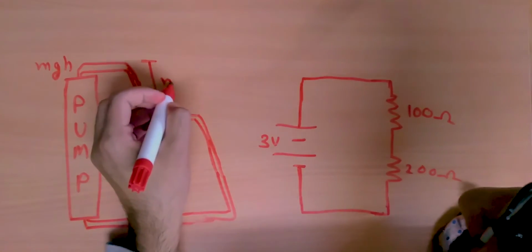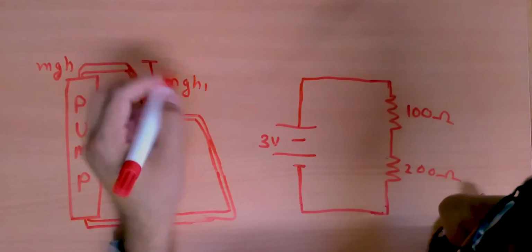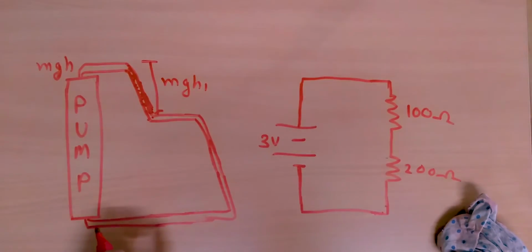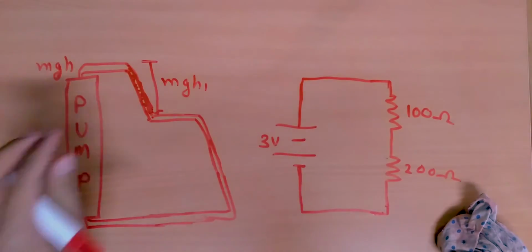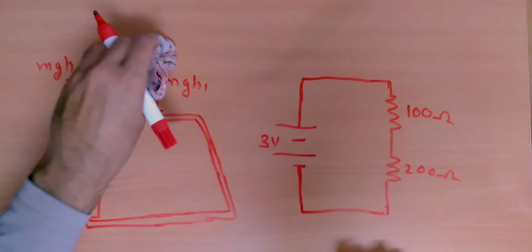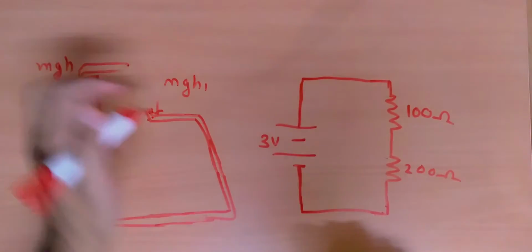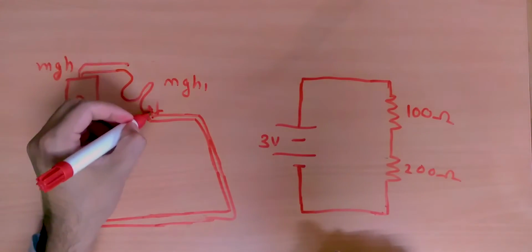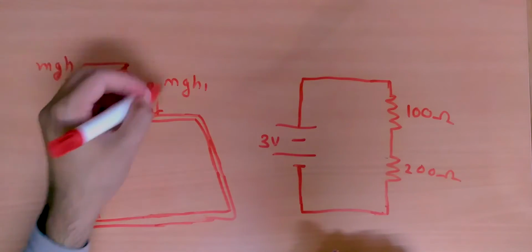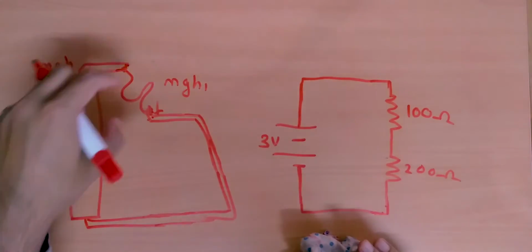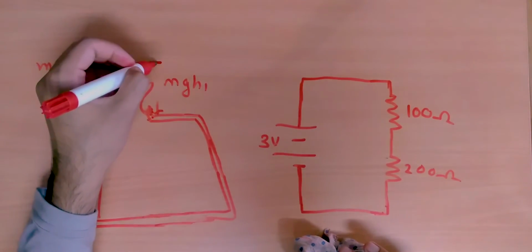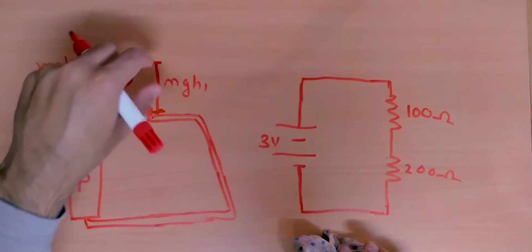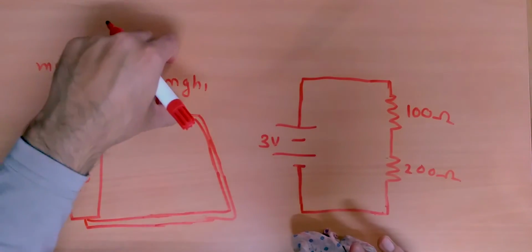So maybe it will be mg times this h1, whatever this height is, and it doesn't matter how bad this pipe is, or even if, rather than taking a straight pipe, I have something like this, a very thin pipe of a very weird shape, even now the drop in the potential energy would be equivalent to mg times this height.